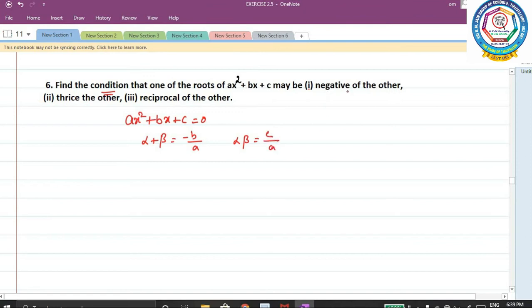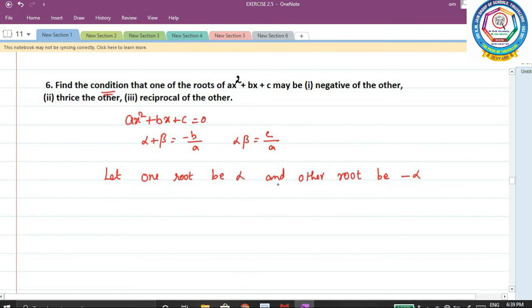So what condition is given? Negative of the other. One root is negative of the other. So what is the one root? We don't know. So let one root be alpha and the other root be minus alpha.